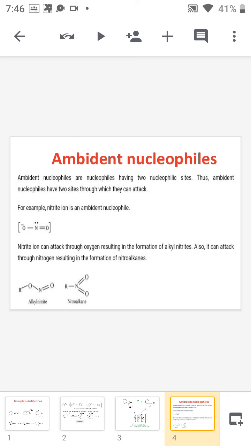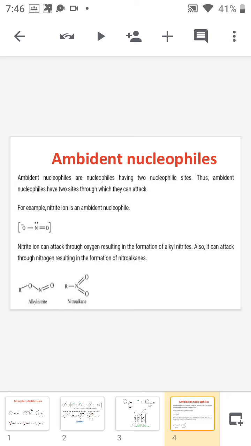For example, the nitrite ion can be written as O minus, nitrogen double bond O. In which there are 2 nucleophilic atoms for coordination. One is the negatively charged oxygen, the other one is the lone pair of electrons located on the nitrogen.